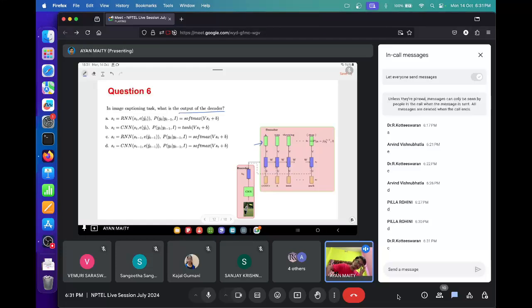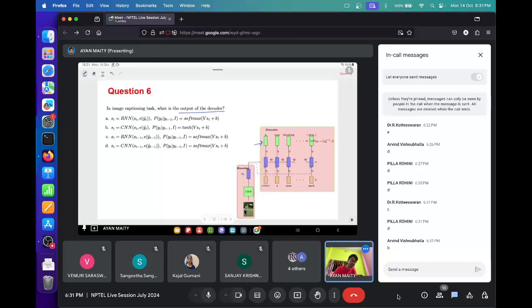Dr. R. Koteswaran says option C. Okay. Option C is ST equals RNN of ST minus 1, E of YT minus 1 hat. Pilla Rohini says option D, which is ST equals CNN of ST minus 1 and E of YT minus 1 hat.